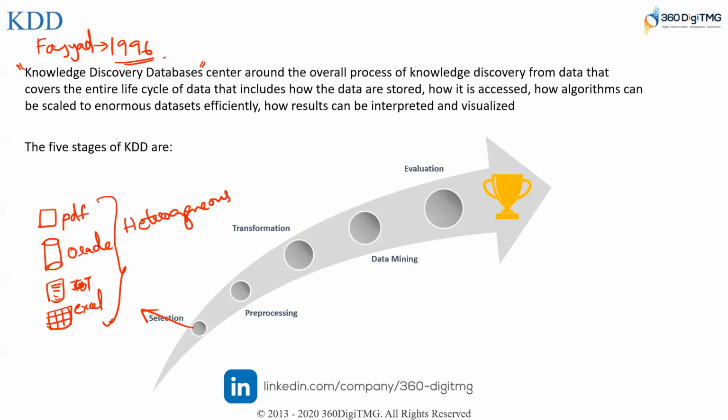Selecting only those variables or sample of data which is relevant for your analysis, right? That is called selection. So you have all this data. You might not need all the data for the analysis that you're trying to perform, the business problem that you're trying to solve.